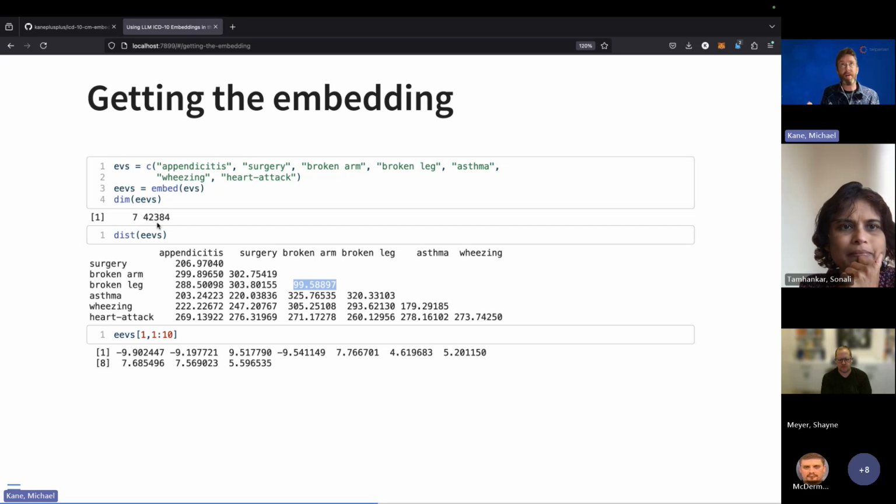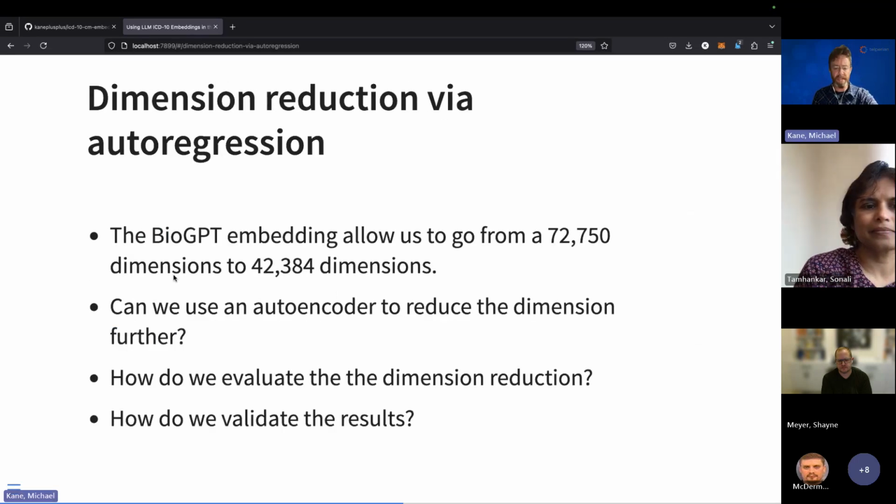We've gone from about a 72,000 dummy encoded representation down to 42,000, where we've shown that there are some semantic relationships that are being preserved, but maybe we want to do a little bit better than that. All right. So the next thing we're going to do is essentially a dimension reduction via autoregression.